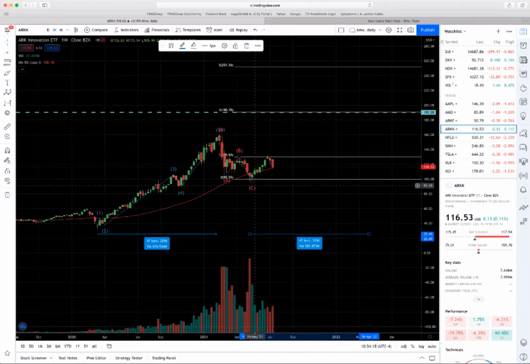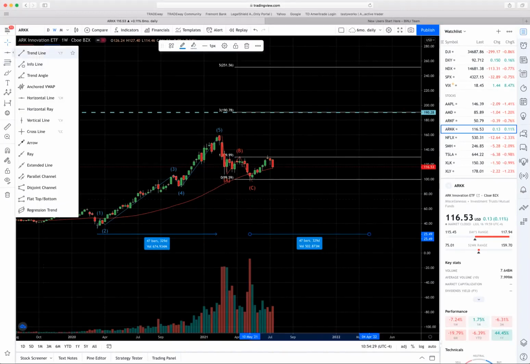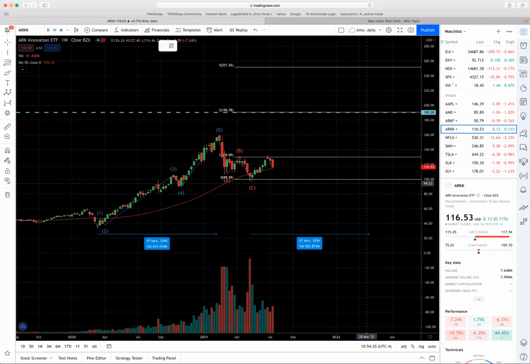So from this low here to reach this 190, we can be looking at the same time frame, which would give us a price target of, I'm going to throw the vertical line on there, 189 by April 4th of 2022. Right now we're in July, so that's about 9 months to reach that from where it started.